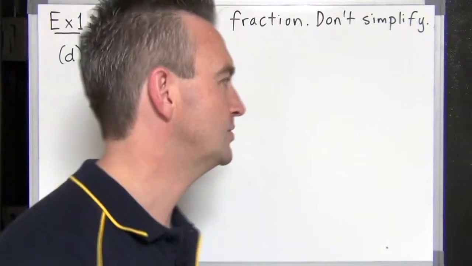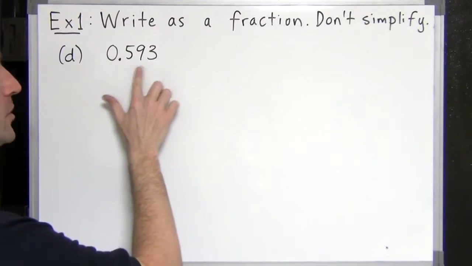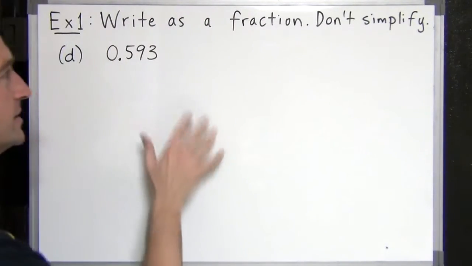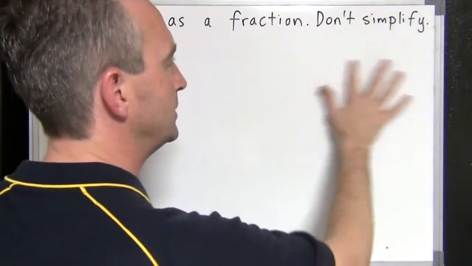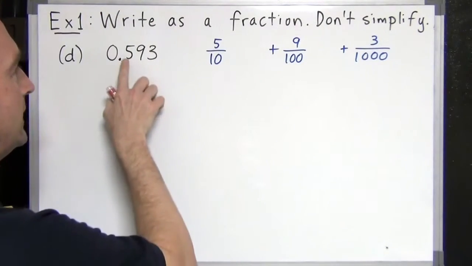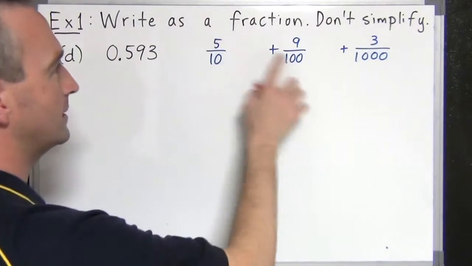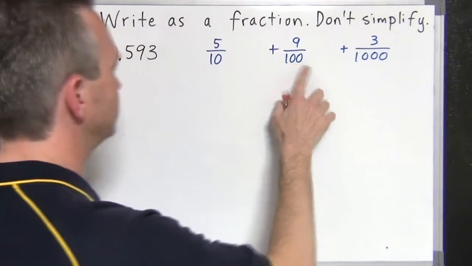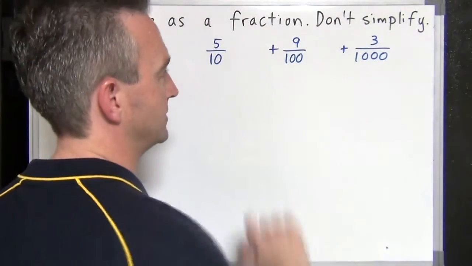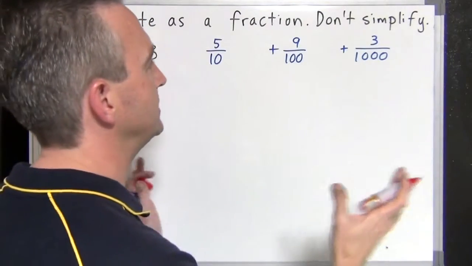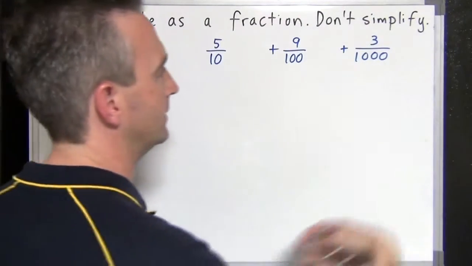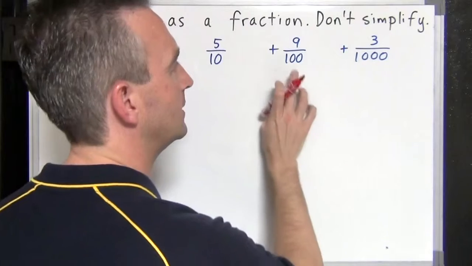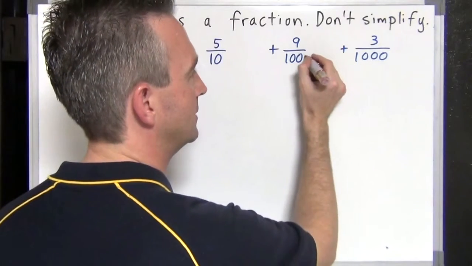One last one just to illustrate. 0.593 as a fraction. So let's just write it out here the way we were doing it before. Like so. Here we have 5 tenths. Here we have 9 hundredths. And here we have 3 thousandths. And if we were going to put this together as a single fraction, we need a common denominator, which is going to be 1,000. How do I turn 100 into 1,000?